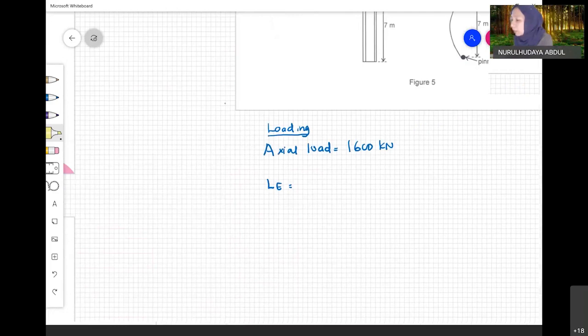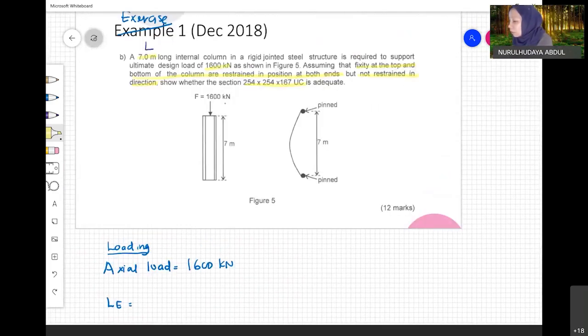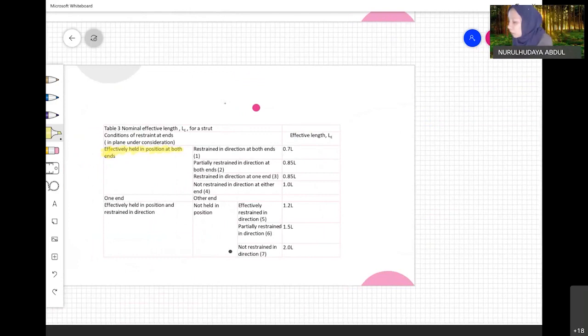Then we look at the direction. Not restrained in direction means that both ends are not restrained in direction. The first one is restrained in direction, so obviously this one is not. Partially restrained, not. Restrained in direction at one end only, not.